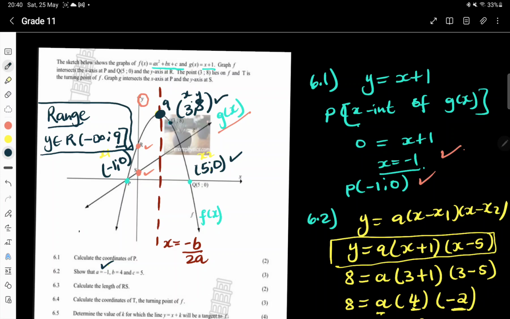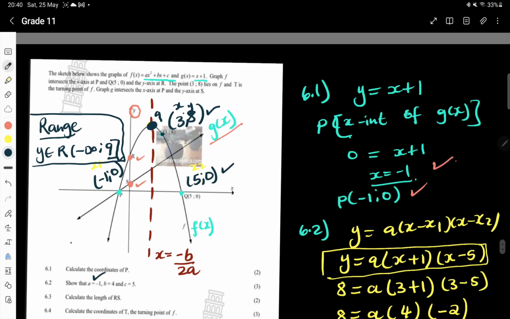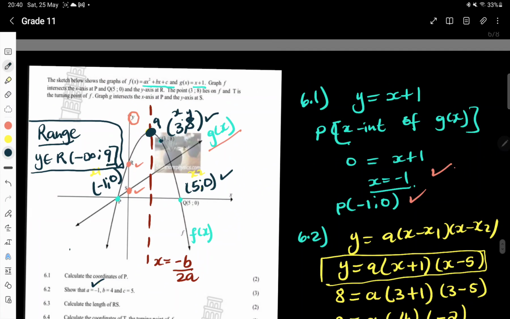Okay, the most important question is that we must find the value of k for which the line y equals x plus k is a tangent to f. They love this question. What is a tangent? A tangent is a line that touches the function at one point.